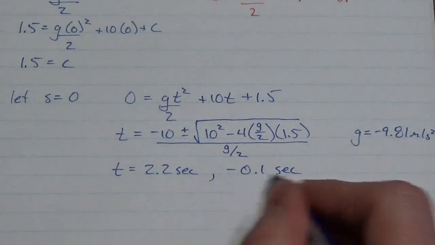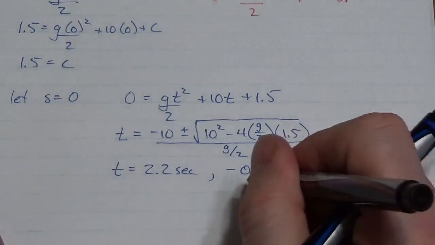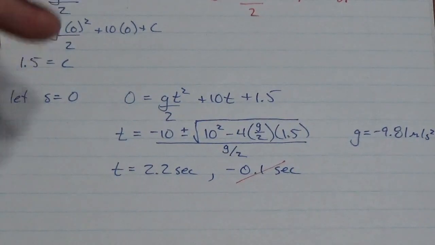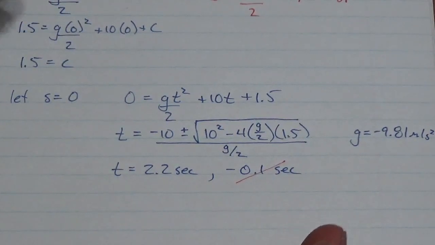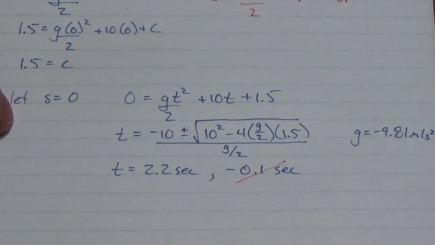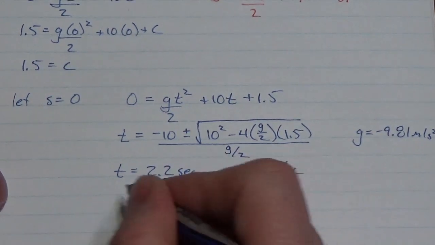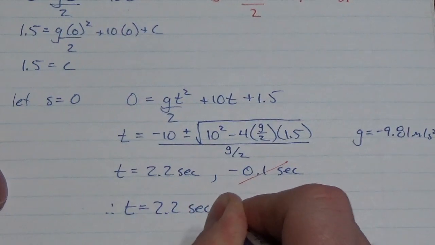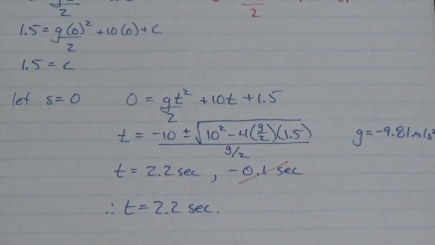Well, now clearly this one doesn't make any sense. Clearly this one doesn't make any sense because we know that that object doesn't follow the parabola prior to it becoming a projectile. So negative time really doesn't make any sense here. And so our answer, therefore, is that it hits the ground at 2.2 seconds. That's what we were looking for.